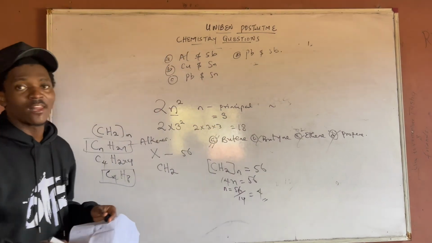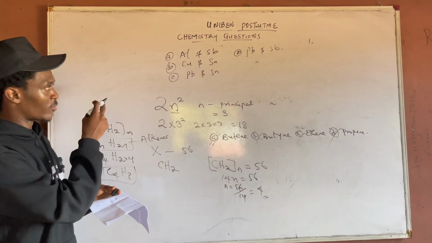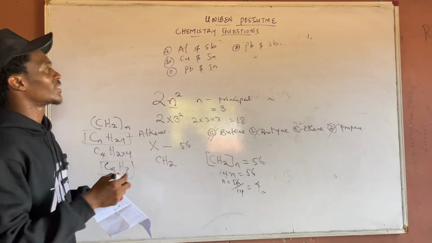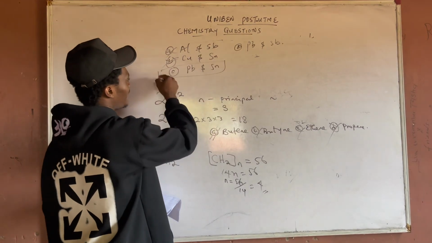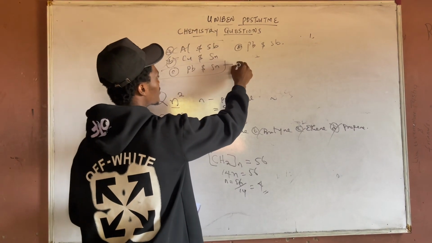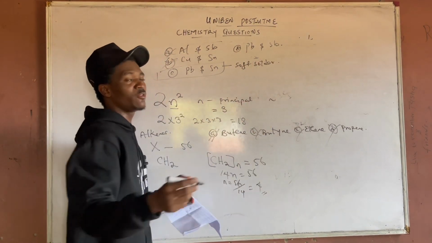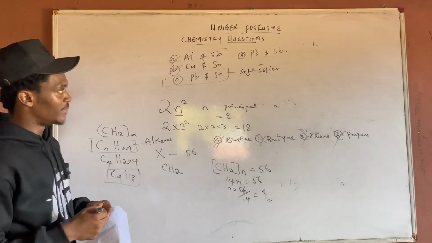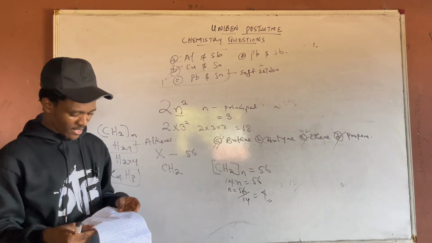So they said the alloy used for plumbing and for welding is to contain which of them? Now, this is not it. This is not it. This is actually the answer, because this is also called soft solder. Soft solder is commonly used in welding and in plumbing. All right. So the correct option is actually lead and tin. All right. So that's the answer.